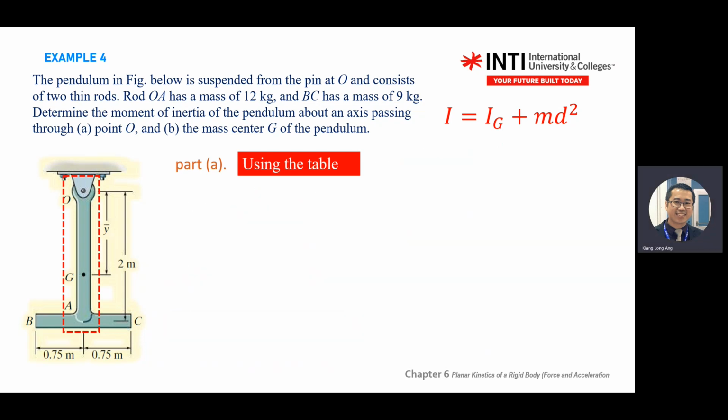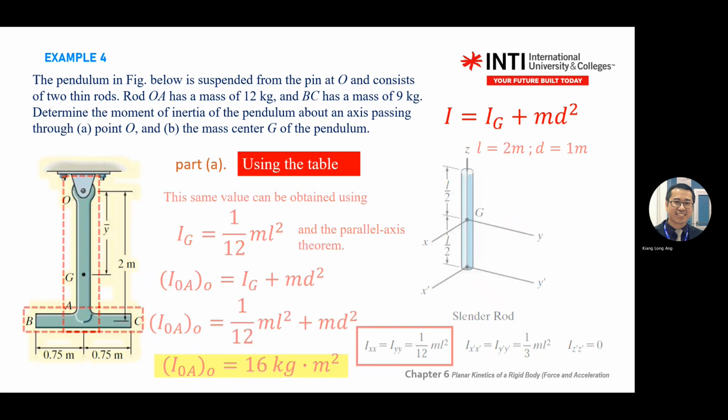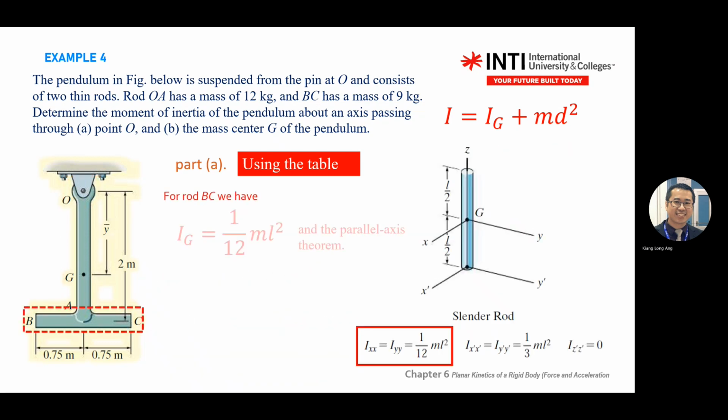Again, it depends. If you want to do more work, then go and get the G. I will not go that way. I will use the shortcut. I look at the diagram, choose the endpoint, and then straight away I get the I value. I don't need to calculate MD. The same concept applies no matter the shape.